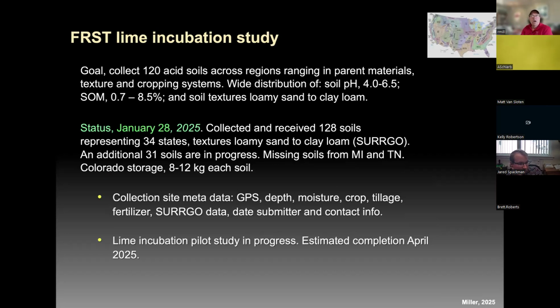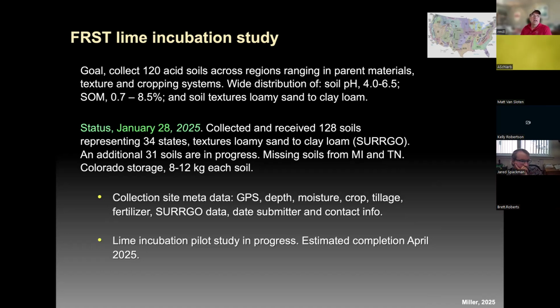And so our goal was to collect 120 soils across various regions, ranging in parent material, texture, cropping systems. We really want a wide distribution, and we shot the window from pH 4 to 6.5. Our current database has organic matters from 0.7 to 8.5, and we've covered from loamy sand to clay loam. So I think we've done a good job of parsing out across the country a wide range of soil materials.